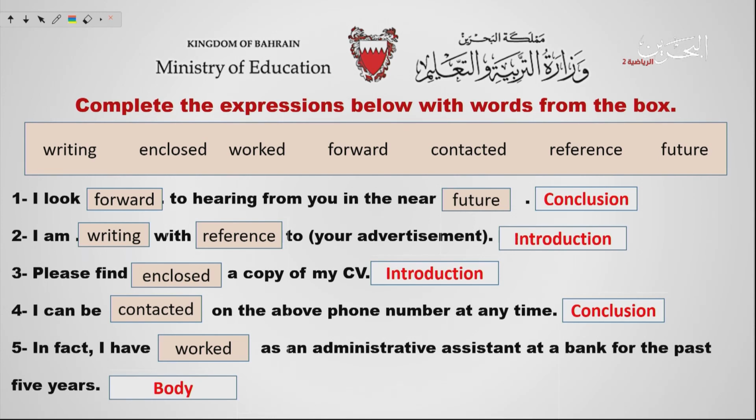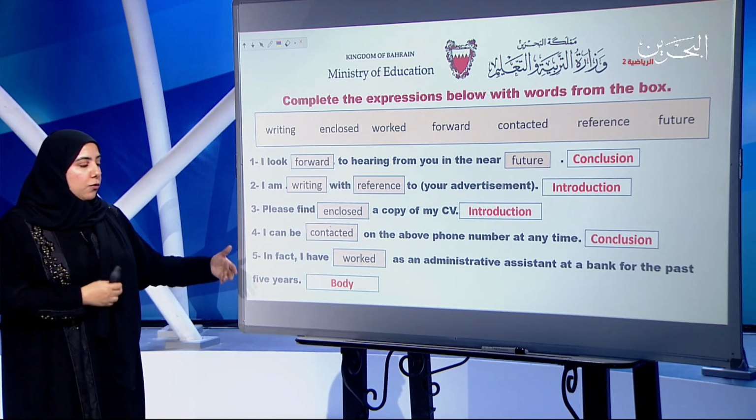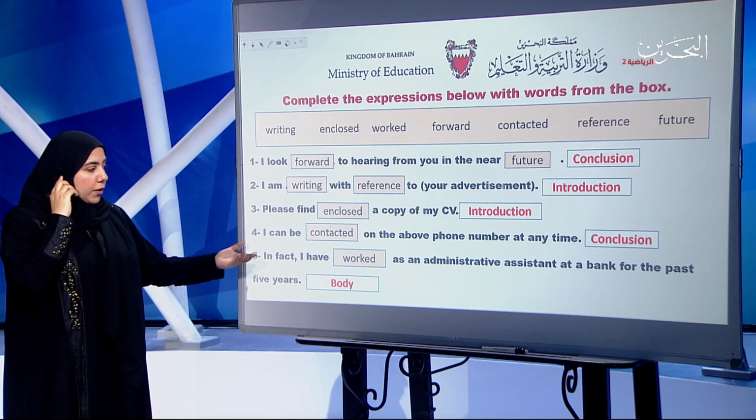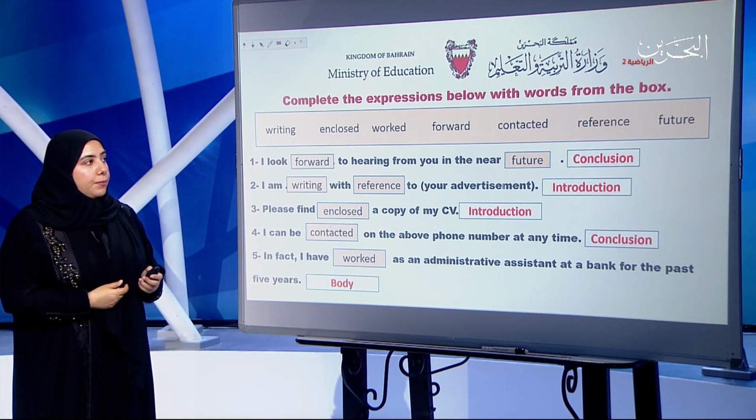Please find enclosed a copy of my CV is in the introduction. I can be contacted on the above phone number at any time. This will be written in the conclusion. Last sentence is in the body. So you explain your experience in the body.